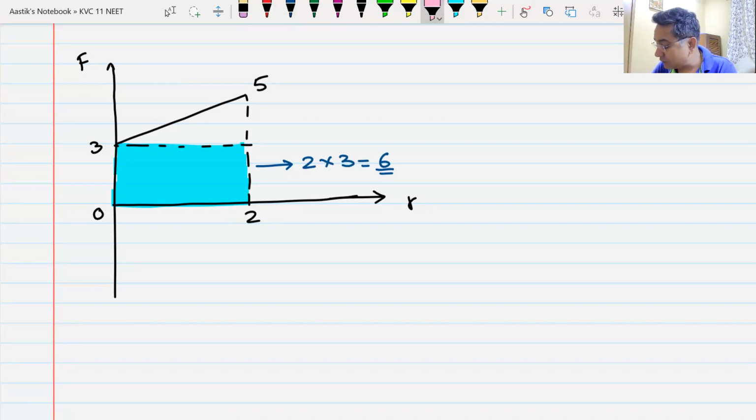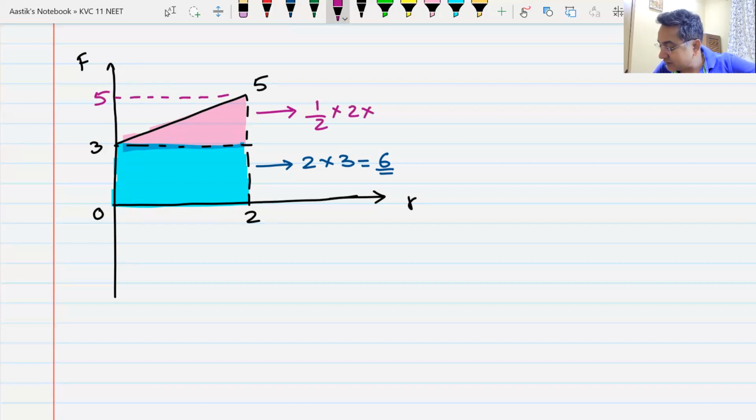Then I can now simply find out the area of this pink gentleman. This is basically your triangle. Half into 2 into 3. How did you get 3?